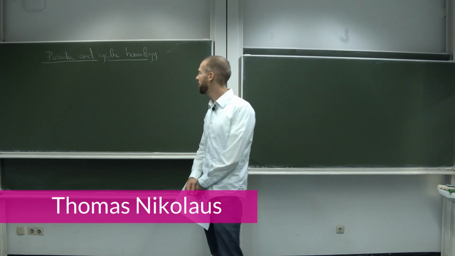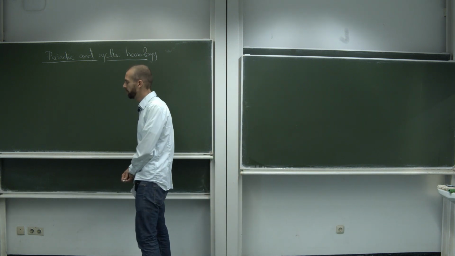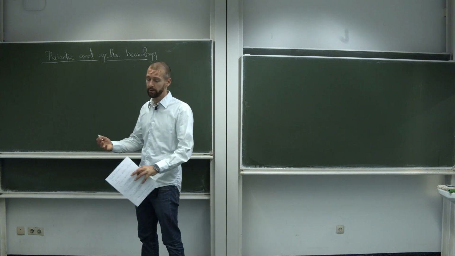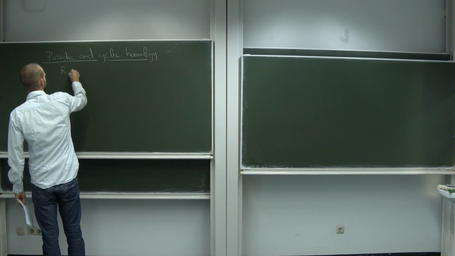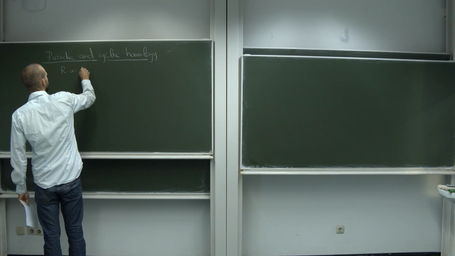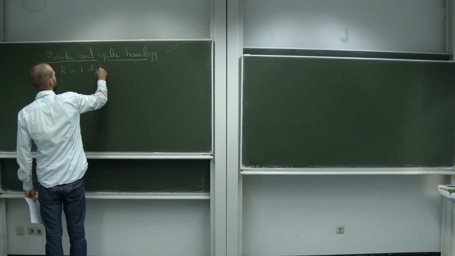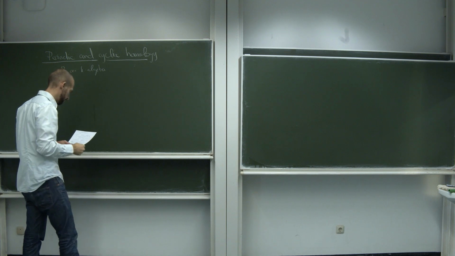And in order to talk about periodic and cyclic homology, we use the same conventions that we always use in this video series. So R is going to be a K-algebra, where K is some commutative ground ring.